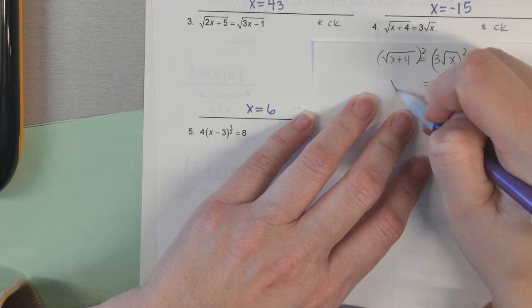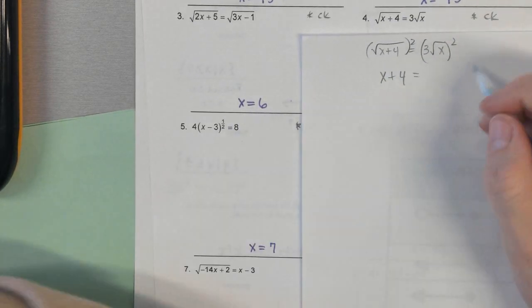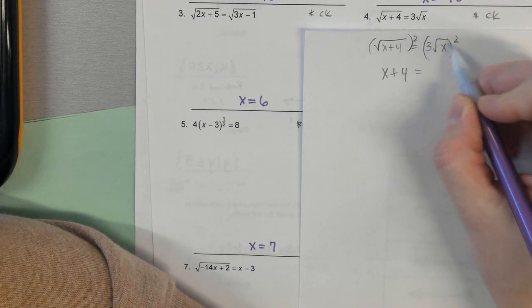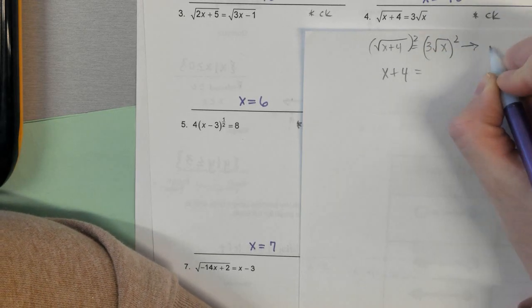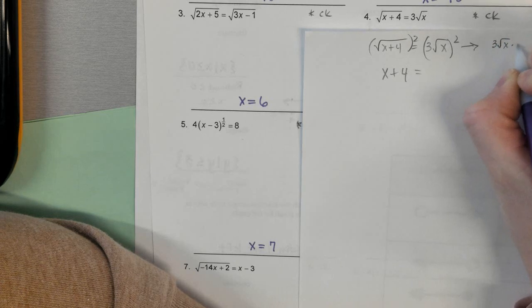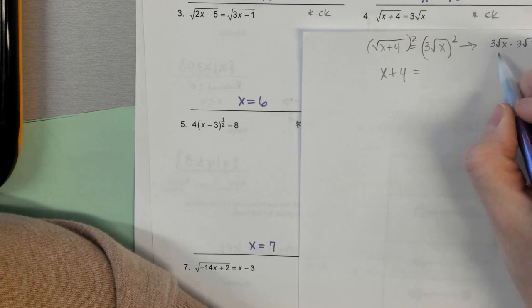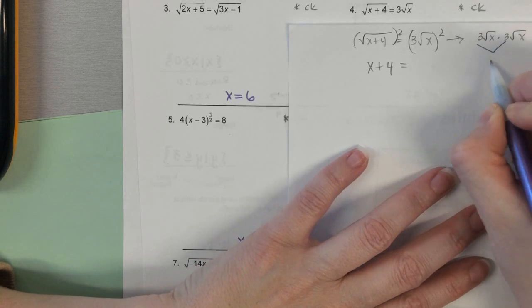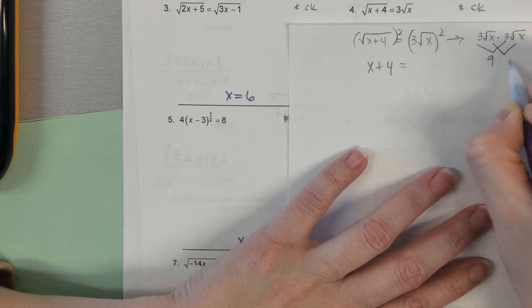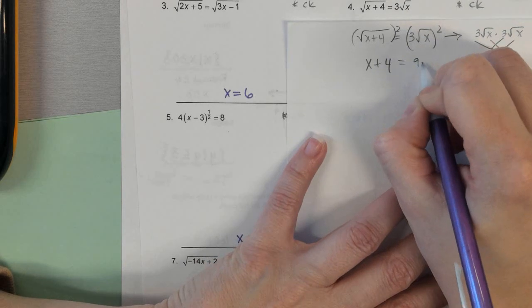Now, if you're taking your test and you are confused on whether you distribute this or not, remember, anything squared is just that value multiplied by itself. So if you have 3 root x times 3 root x, you have to do 3 times 3, which is 9, and then root x times root x.